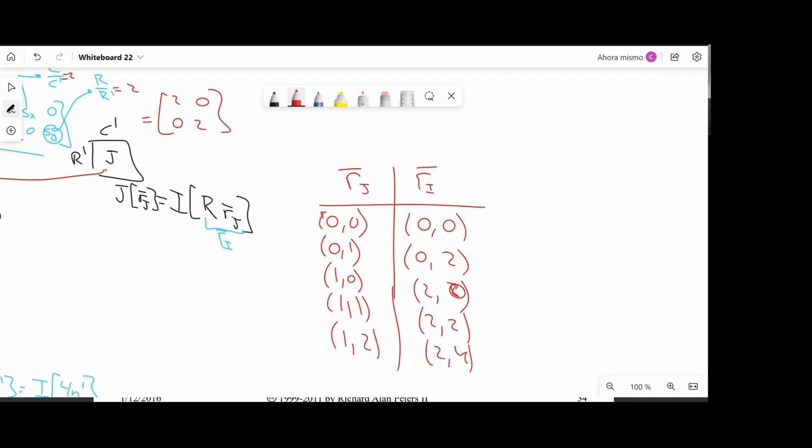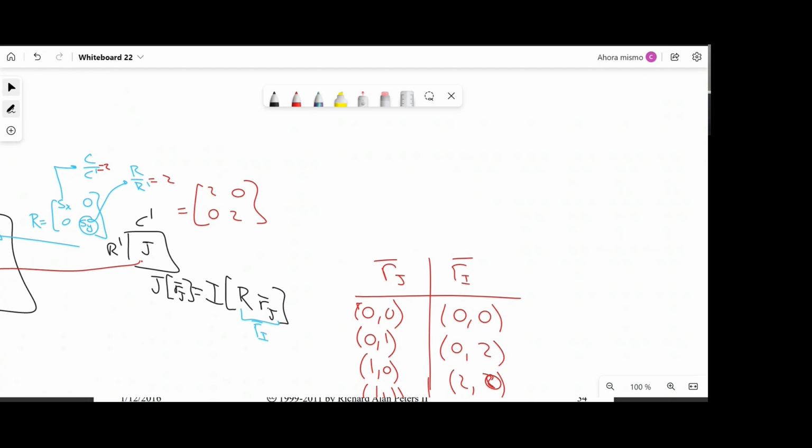So I don't have to write all. Okay, but you take the idea. So given any location at Rj, I simply have to multiply by this matrix and I will have the coordinate. Okay, so what if my matrix is 2, 2 is very easy to write, but I can have arbitrary matrices.